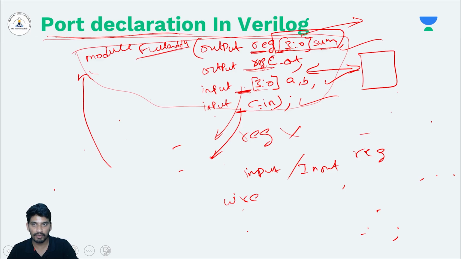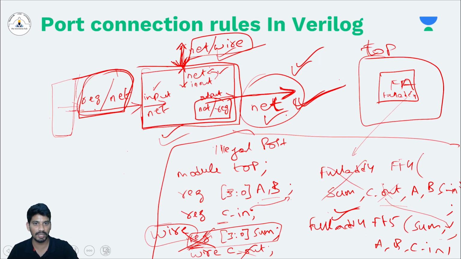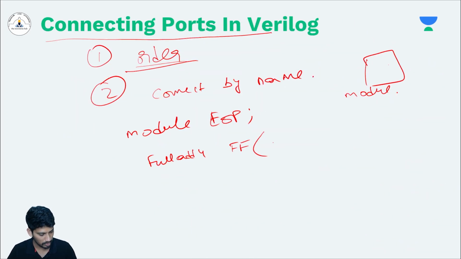What order have I defined for my full adder? I have defined sum, Cout, A, B, Cin. So the same order I need to follow here also. So I am following sum, Cout, A, B, Cin.